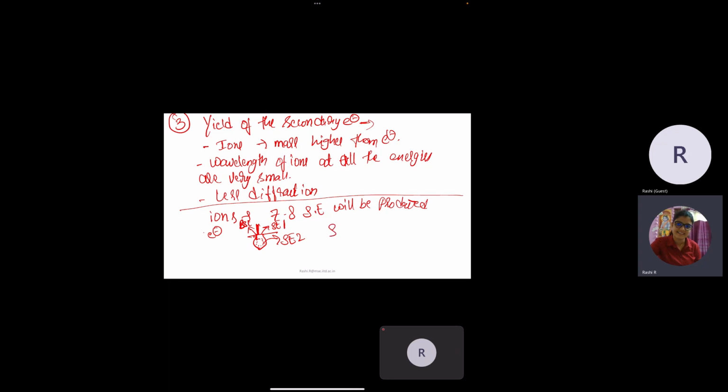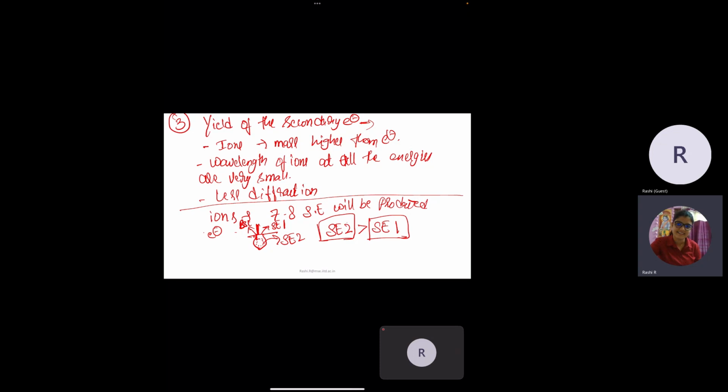In the case of electrons, we know that secondary electron 2 is greater than secondary electron 1. The signal you get majorly will be from secondary electron 2 rather than secondary electron 1, because of the backscattering, which further emits secondary electron 2. This will be detected by the detector rather than secondary electron 1.